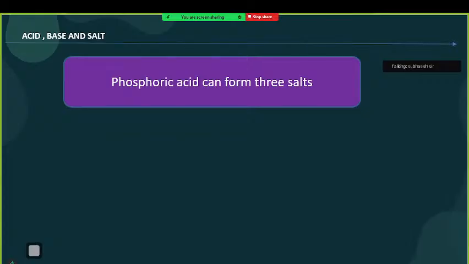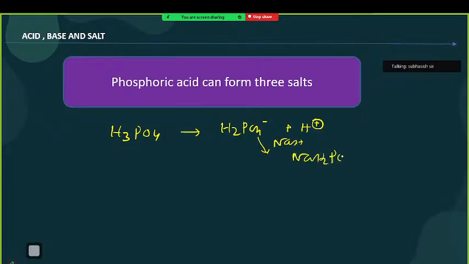Phosphoric acid can form 3 types of salts only because phosphoric acid is a tribasic acid. When it dissociates into H2PO4 minus plus H plus, it forms a salt with sodium hydroxide, NaH2PO4. Now H2PO4 minus again dissociates to form HPO4 2 minus plus H plus.